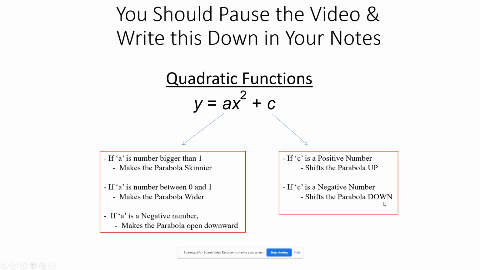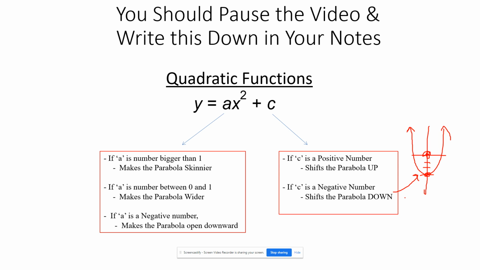What happens is that the parabola, instead of starting at 0, 0, is going to go 1, 2, 3, and then at this point, the parabola is going to go upward in this direction. So that's basically what this is saying. If the c value is negative, it shifts the entire parabola down. So my recommendation is for you to pause the video now, copy this in a notebook, and then have it in your notes for future reference.